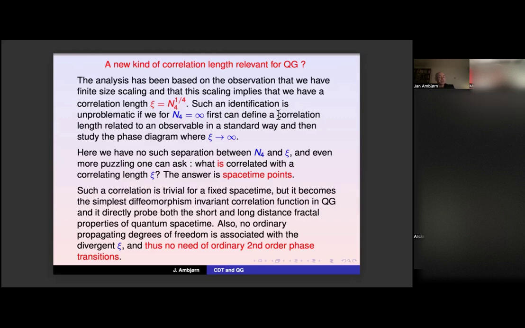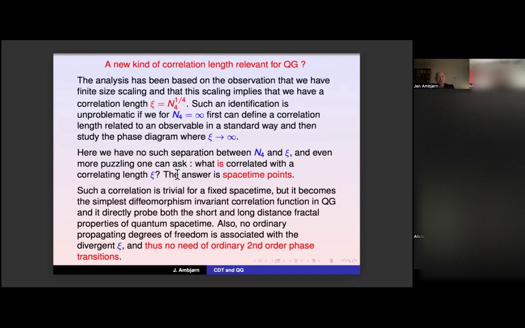Of course, on ordinary lattices, such an identification of correlation length and finite size scaling is unproblematic, because you start out with N4 equal to infinity, and the correlation length defined by the fields living on the lattice is completely independent of N4, if it's only large enough. So one first introduces the correlation length, and then one diminishes the lattice such that it becomes equal to the correlation length, and then you have finite size scaling. But here we have no such separation between N4 and xi.